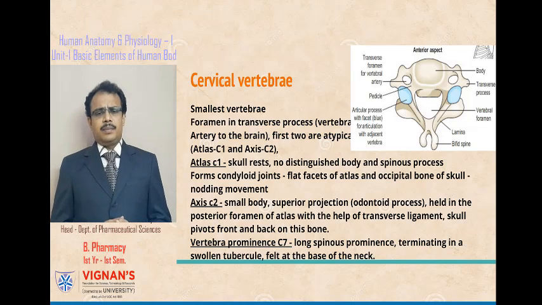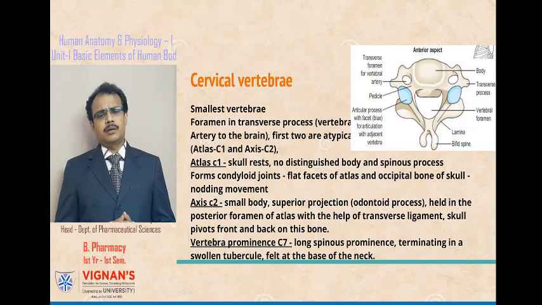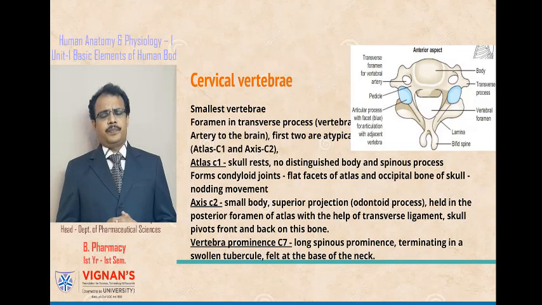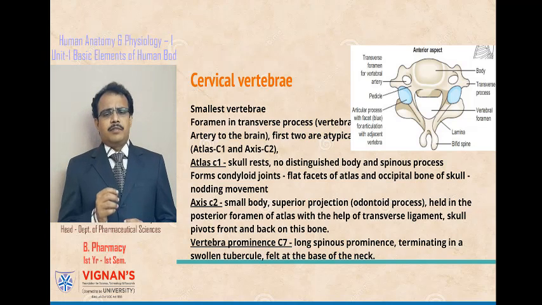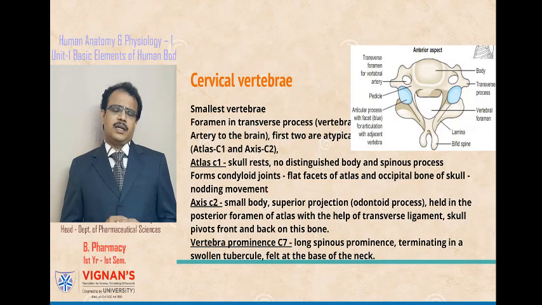The cervical vertebrae will have small body when compared to the other vertebrae, and the cervical vertebrae's transverse process will also have a foramen which allows the passage of vertebral artery, whereas the transverse process of thoracic vertebrae and lumbar vertebrae do not have any foramen.